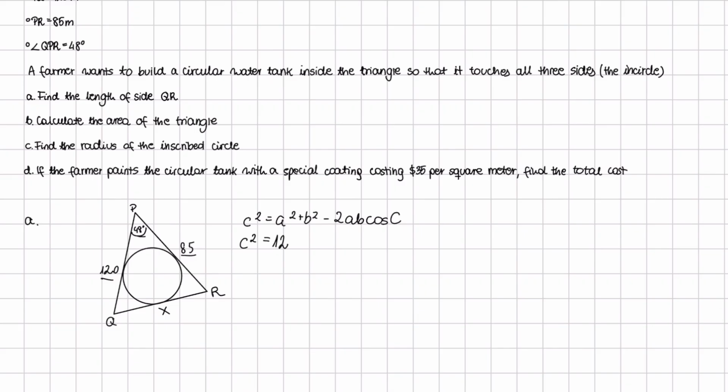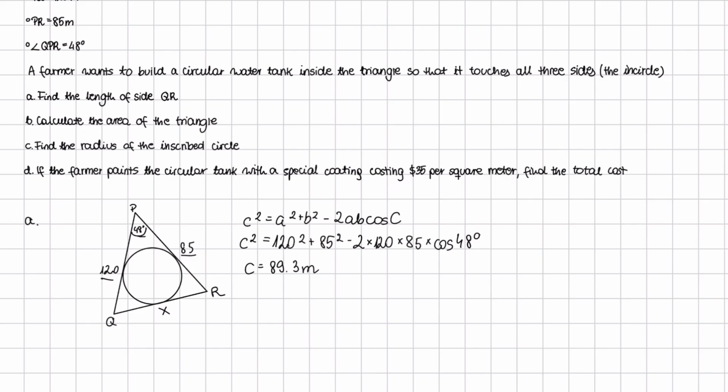So 120 squared plus 85 squared minus 2 times 120 times 85 times cosine 48 degrees. And now we have to calculate it. We can take the square root of everything and see. So QR is 89.3, and units meters.